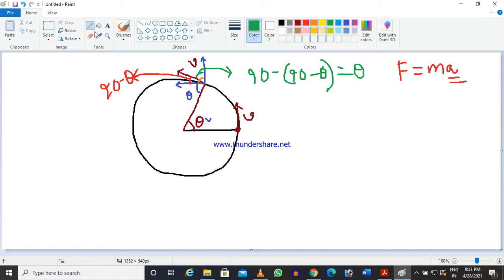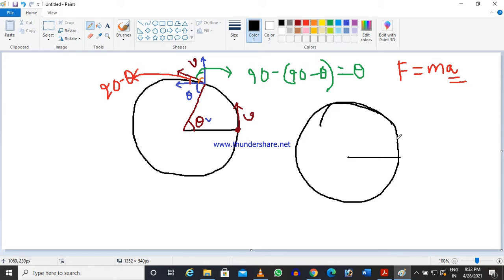So now if I redraw, this is the circle along which the particle, the mass, is rotating. Initially the velocity was along this, which is v. After traveling some angle theta, again the velocity is along this.